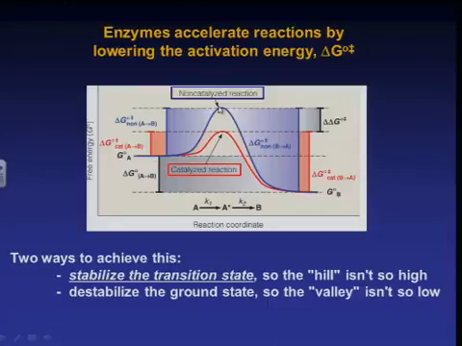Another way, okay, so if we wanted to bring that hump down, and this is the transition state, if we want to lower it in energy, is that going to be a more stable or a less stable structure? More stable.